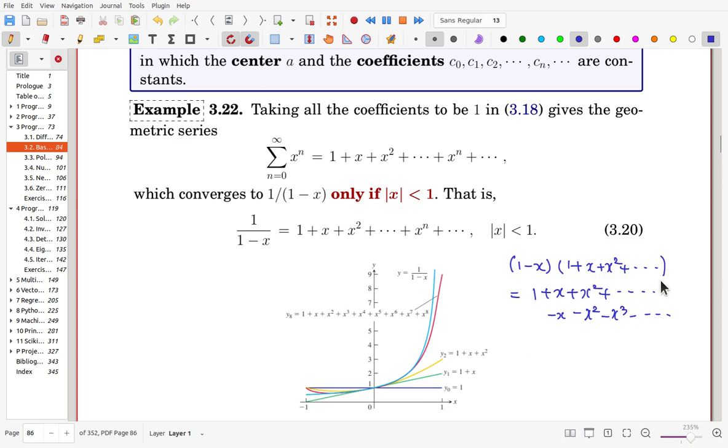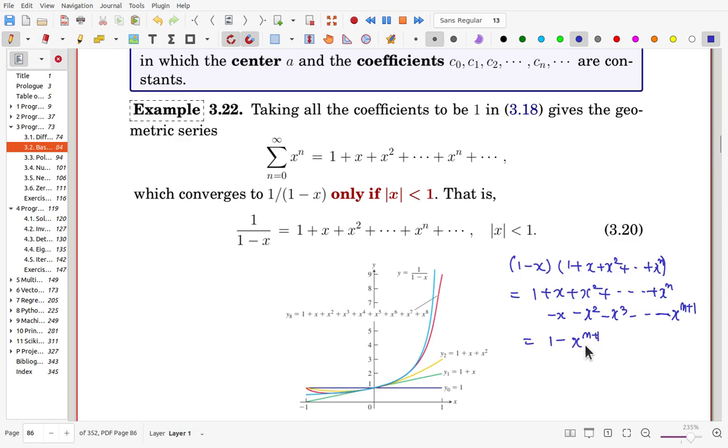In fact, we have to do this in this way. If the last term is x to the n, then the last cancelling term will be minus x to the n plus 1 power. And if we simplify this, there will be 1 minus x to the n plus 1. Now we take the limit as n approaches infinity.